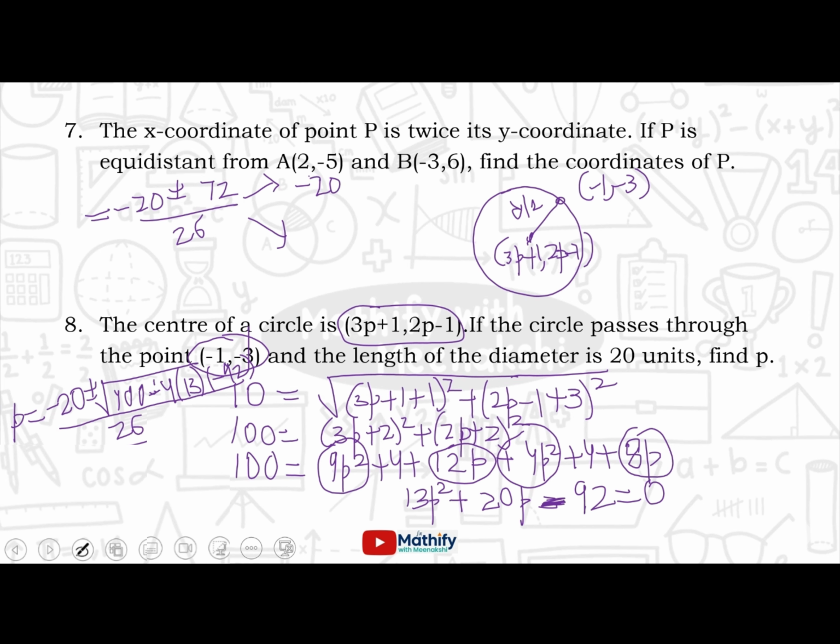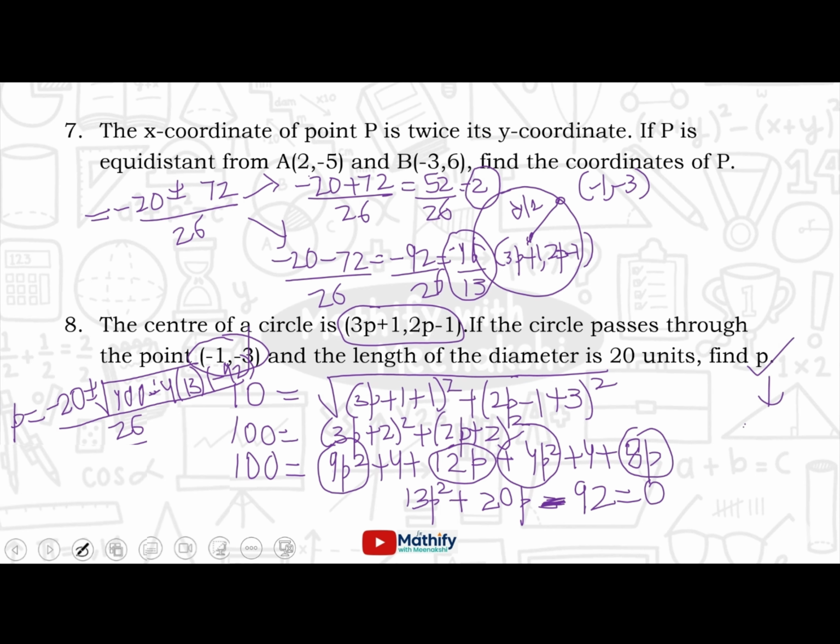That is minus 20 plus 72 by 26, or minus 20 minus 72 by 26. So here you will get 52 by 26, that is positive 2, and here you will get minus 92 by 26, that is, you can cut with the table of 2, minus 46 by 13. So here you have two answers for the value of p. That is 2 and minus 46 by 13.